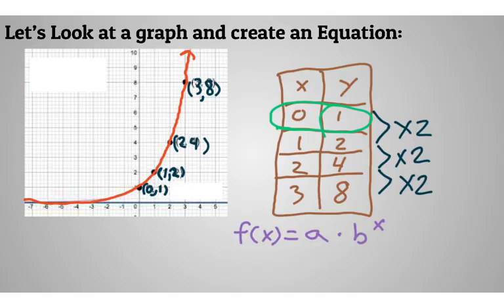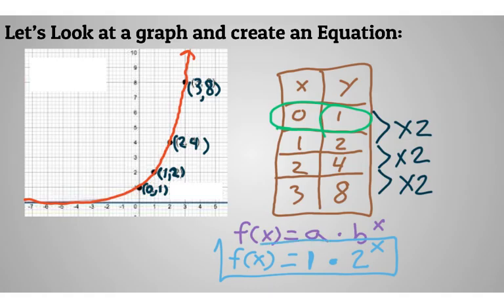So now we have the exponential formula, and we're just going to substitute the a and the b. We substitute the a with the y-intercept, which is 1, and we substitute the b with the multiplication factor, which is 2, and we rewrite the rest of the equation, and then we have our answer.